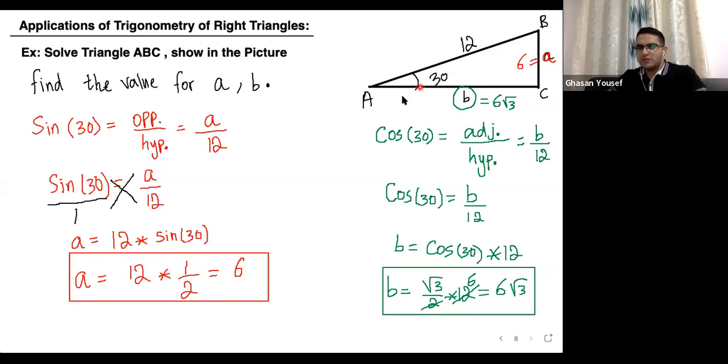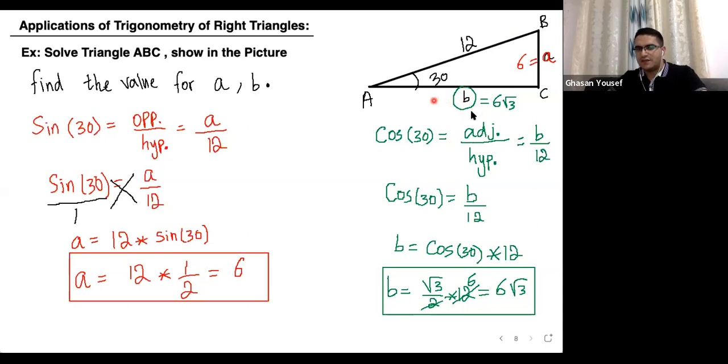If you use the sine, it equals the opposite over the hypotenuse, so you can find the value of a. If you use the cosine, you can find the value of b.